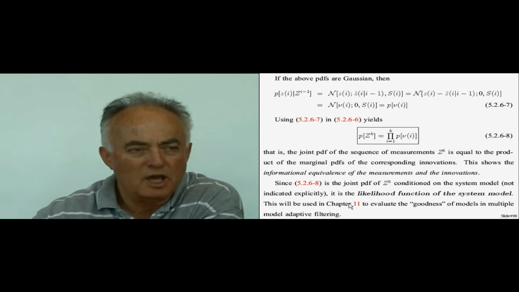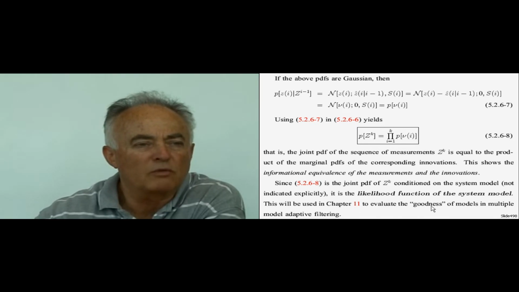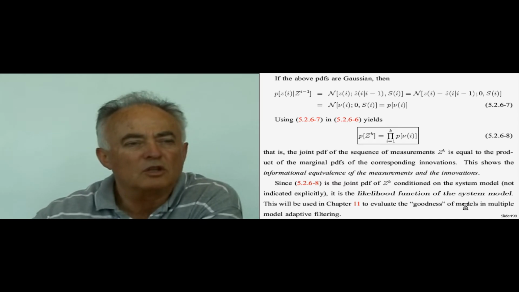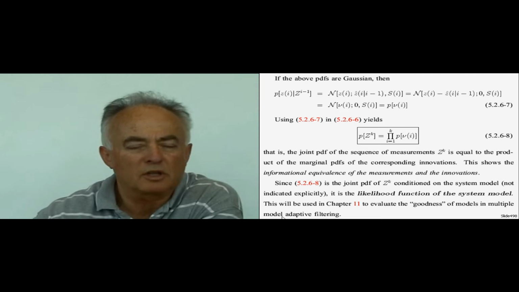What this can be used for is later in chapter 11 to evaluate the goodness of models, the likelihood of models in multiple model adaptive filtering, and this will be a major advance over the Kalman filter, which relies on a single model.